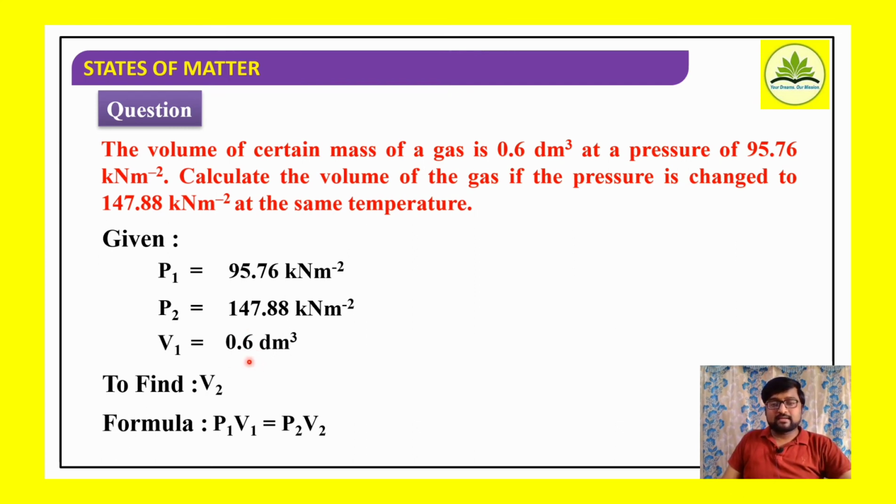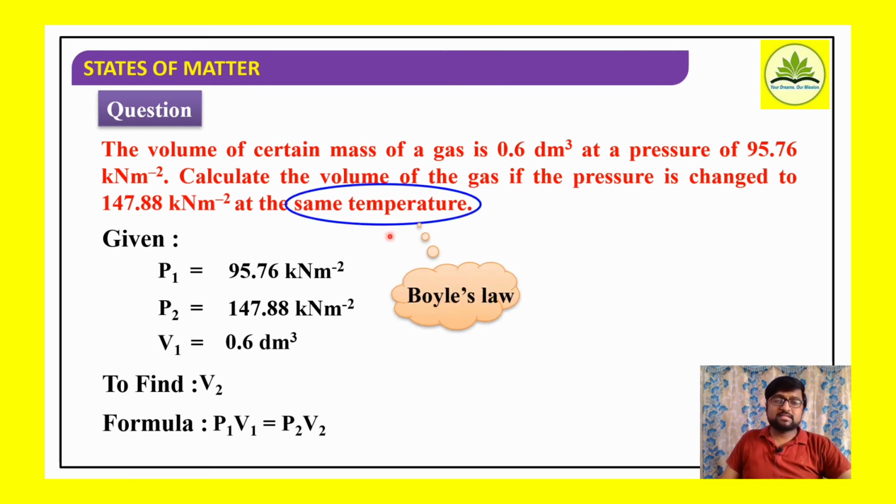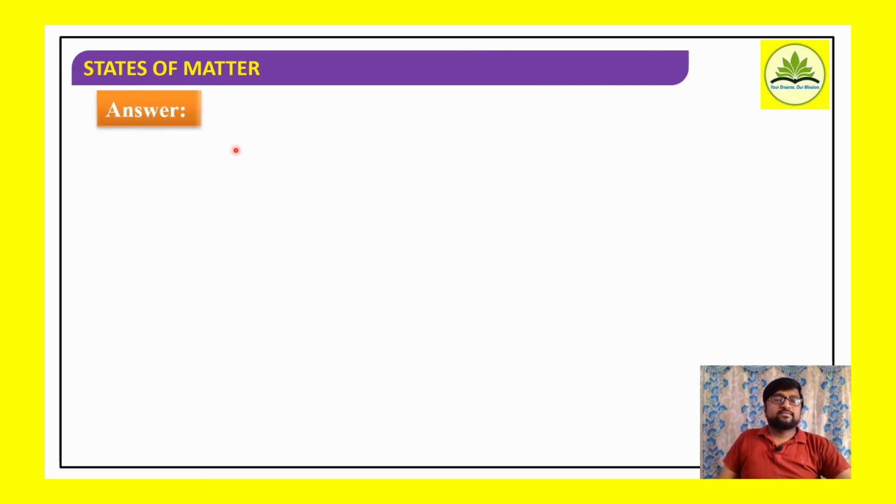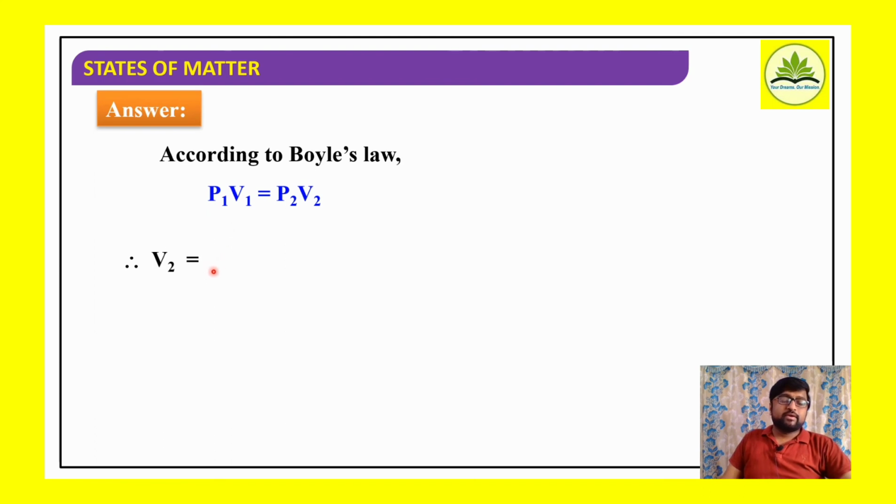If the answer we find is greater than 0.6 dm cube, consider you have made a mistake. Again the formula is P1 V1 is equal to P2 V2, right? They specify the same temperature, therefore we can apply Boyle's law here.